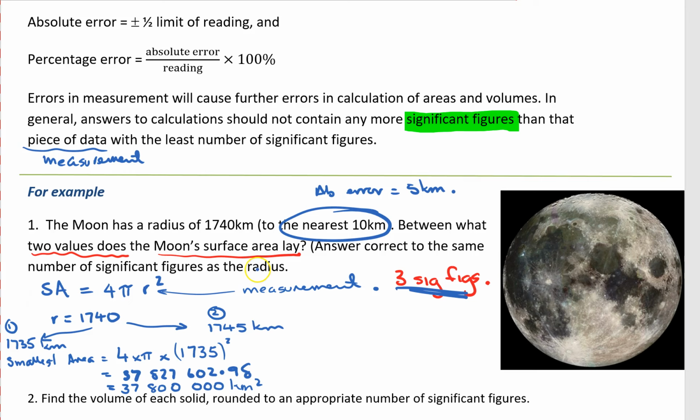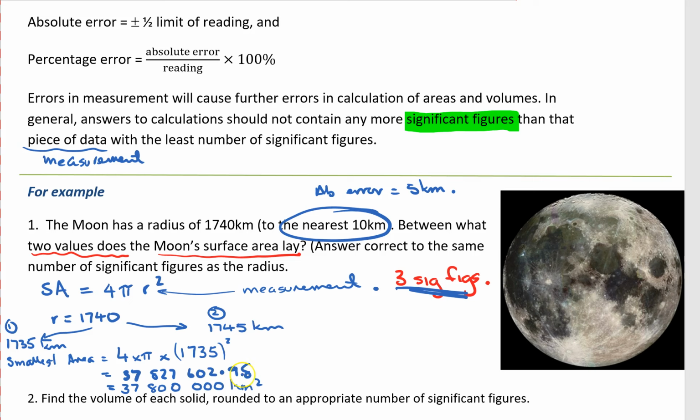Now, according to the rules about error, it's really inappropriate to give the measurement of the surface area of the moon to this precision, to 2 decimal places of a square kilometre. That's being really precise.